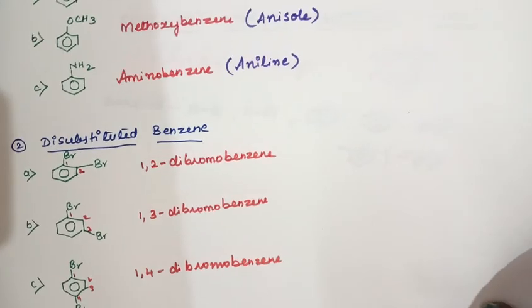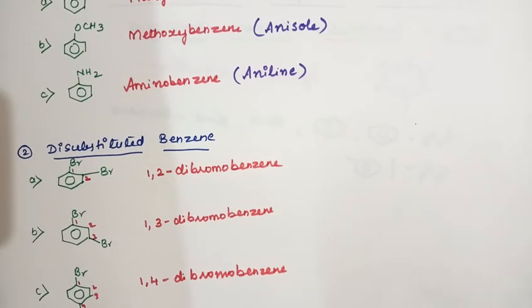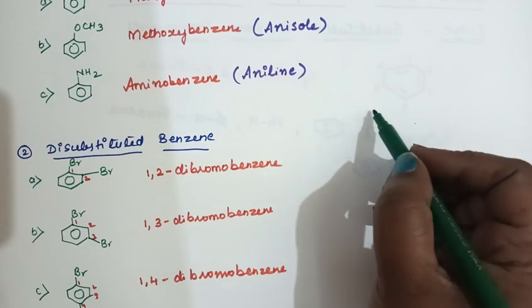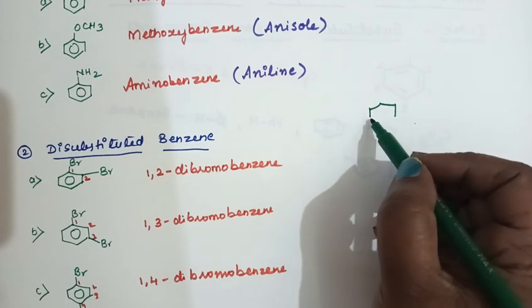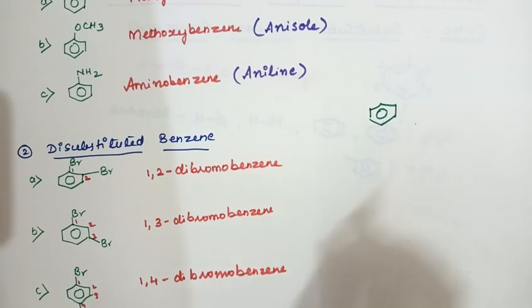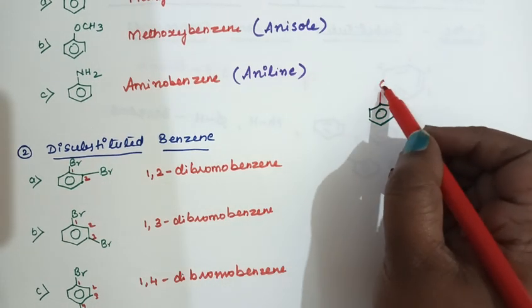So it can also be named in ortho, meta and para names. So how to give ortho, meta and para names? So one example I will give you. See here, suppose there is benzene ring and there is a group attached to that.